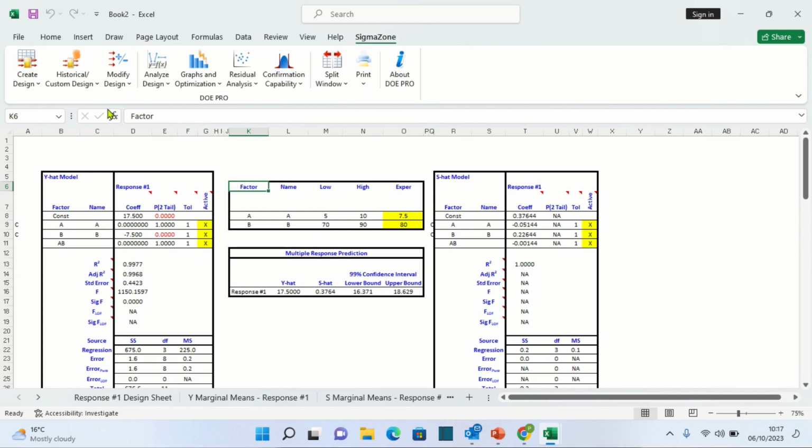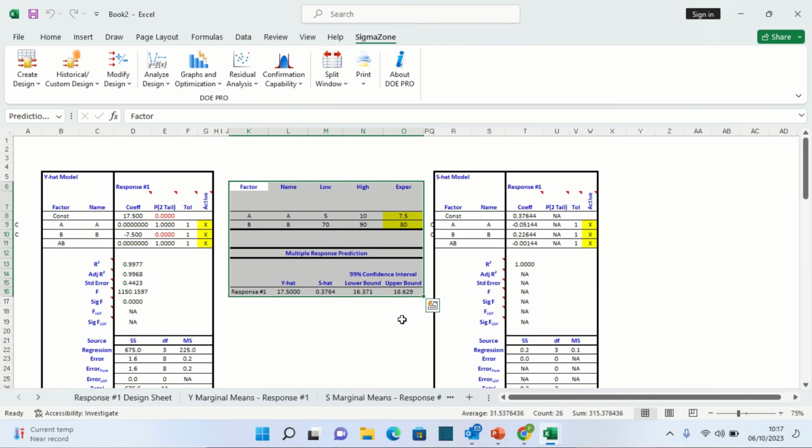To explain what the table is, on the left is the Y hat equation. On the right is the S hat equation. In the middle is a prediction window that is joined to those two equations left and right.